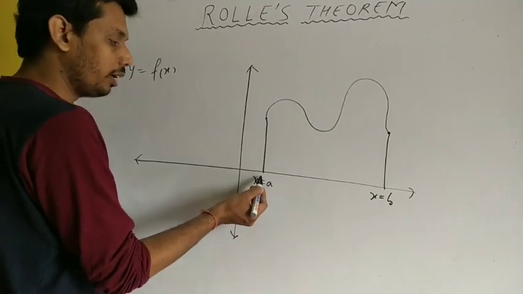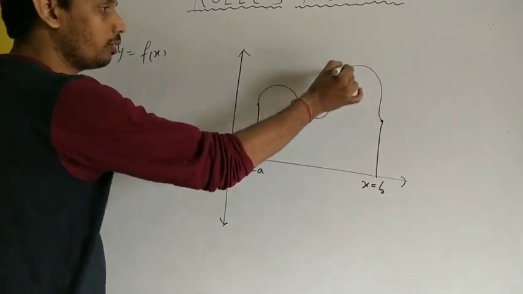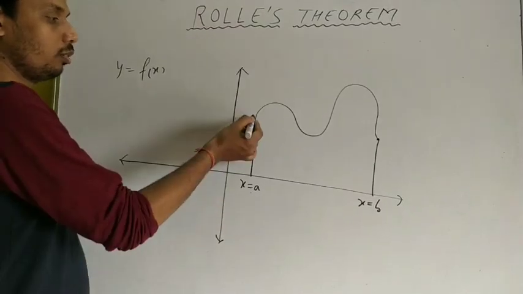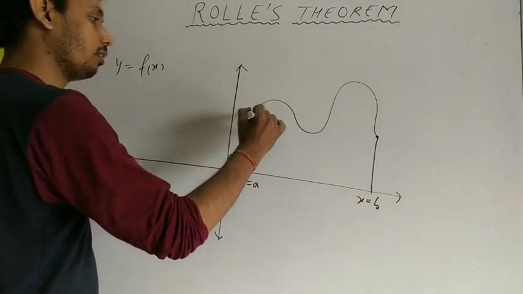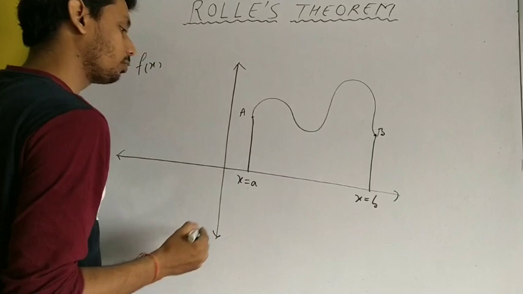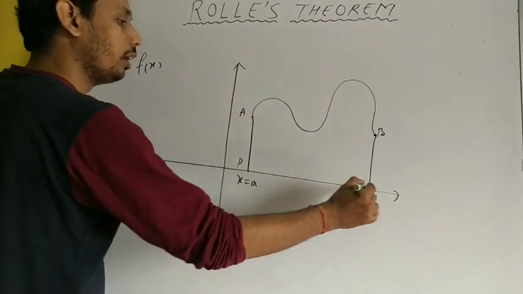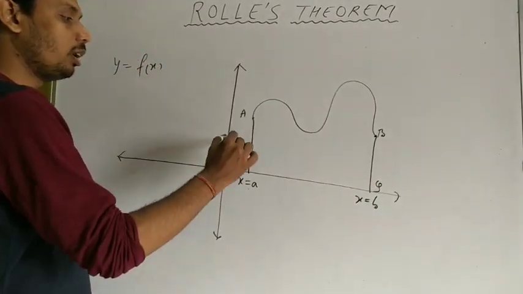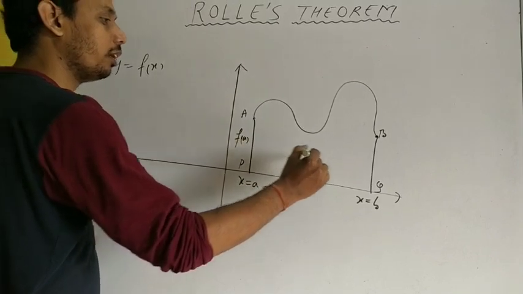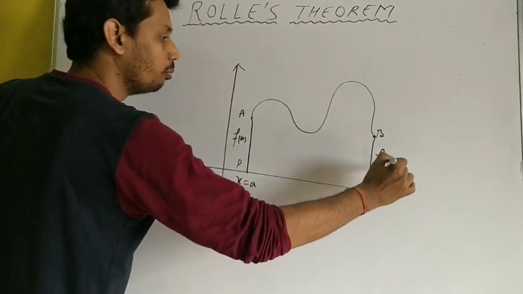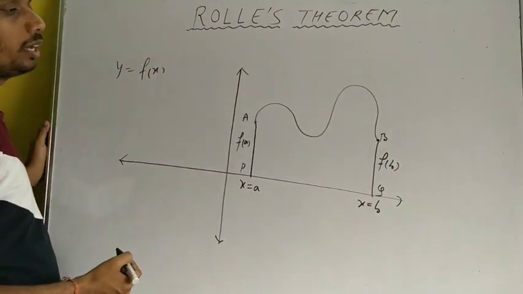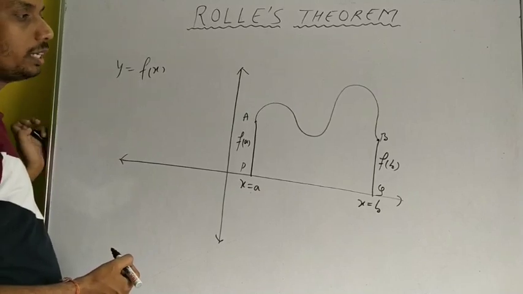If this is capital A and this is capital B, this is P and this is Q, then AP will be equal to f(a), and BQ will be f(b). f(a) and f(b) are equal to each other.